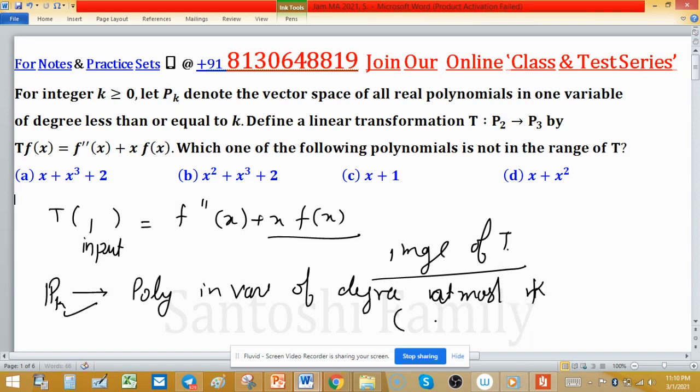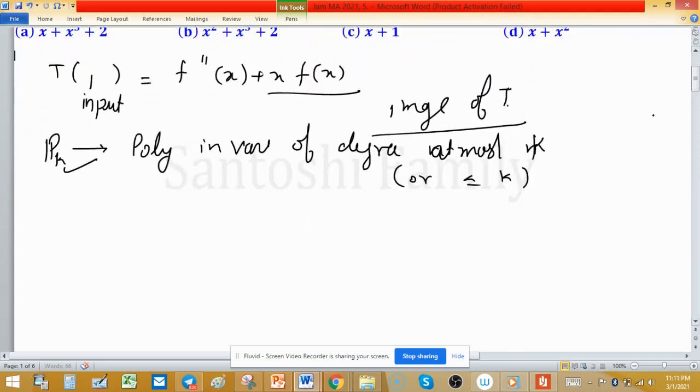We use at most, or sometimes less than or equal to k. We define a linear transformation as given. Then we have to find which options are not in the range of T.